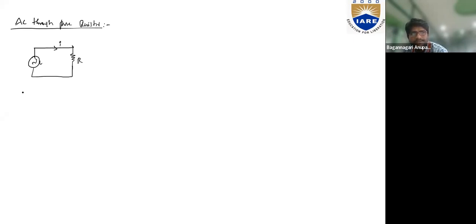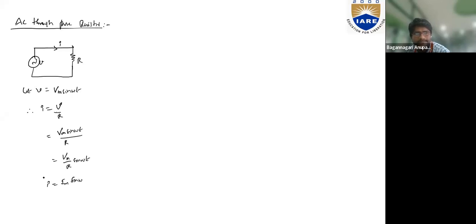Let V equal Vm sin omega t. Therefore, I will be equal to V by R, so I equals Vm by R sin omega t. So I can write I equals Im sin omega t.